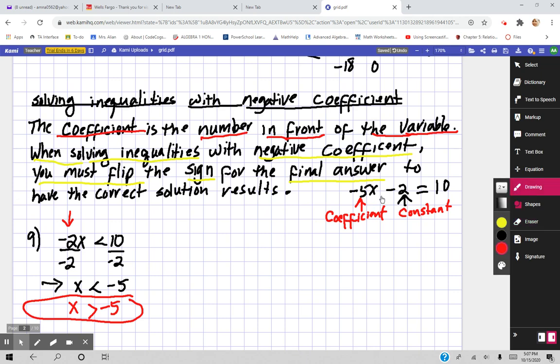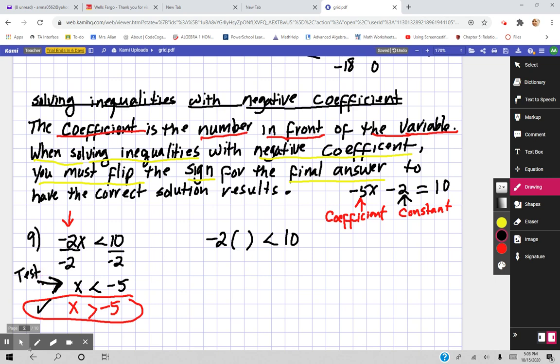Okay, you're probably wondering, well, why? I'm going to show you why. Your first answer, this one will be wrong. And this one will be right. Okay, so let's test it out. The parentheses represents our value for x. So we're testing this one, let's see why this one is wrong.